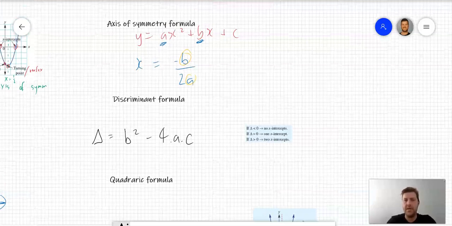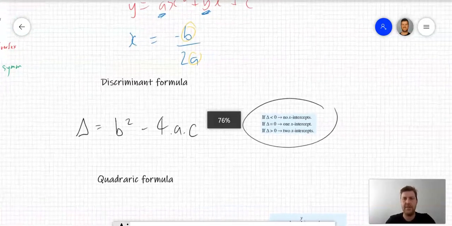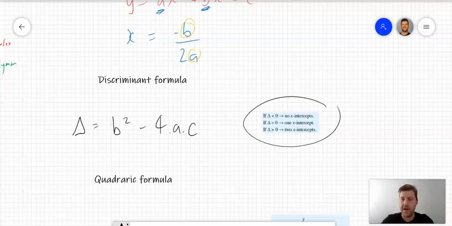If delta is, and this is really important here, if delta is less than 0, there are no x-intercepts. If delta is equal to 0, then there's only one x-intercept. You'll notice that it'll be a perfect square. And if delta is greater than 0, there are two x-intercepts. So you can use that formula to determine how many times that parabola will cross the x-axis.